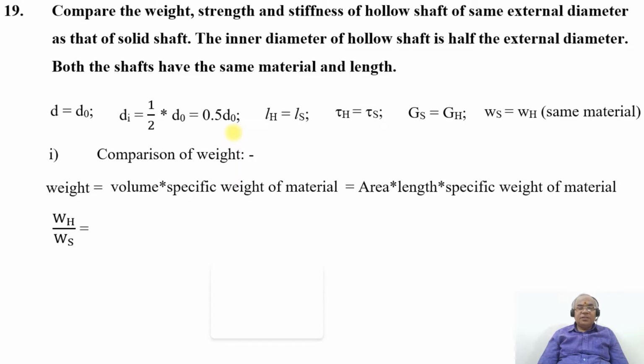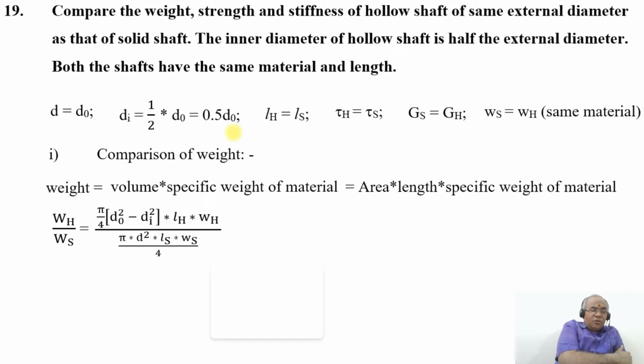So WH by WS will be equal to area, pi by 4 into D naught square minus Di square, into length of the hollow shaft, small LH, into specific weight of the material, small wH, divided by the weight of the solid shaft: area pi d square by 4 into length of the solid shaft, small ls, into specific weight of the material, small wH.